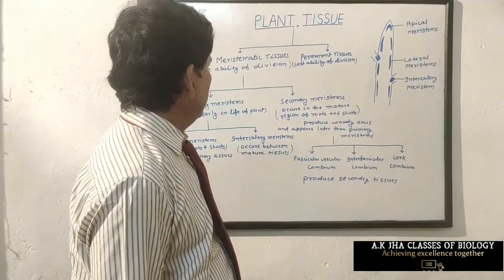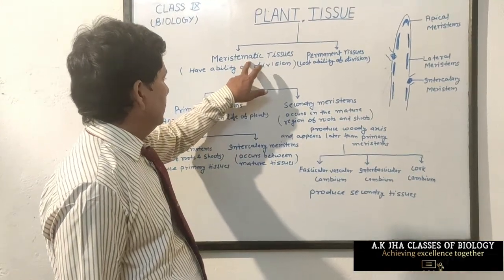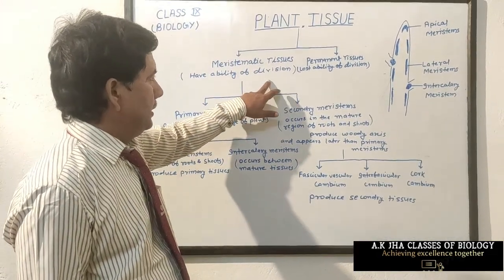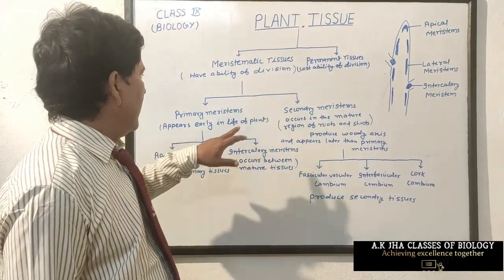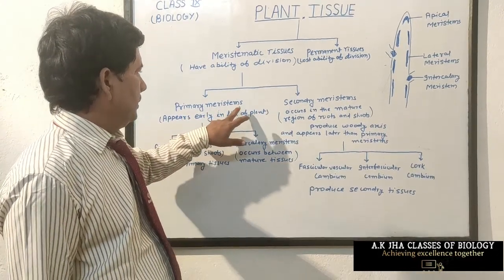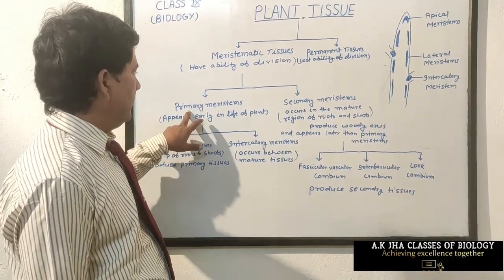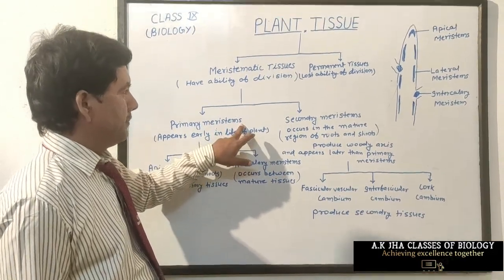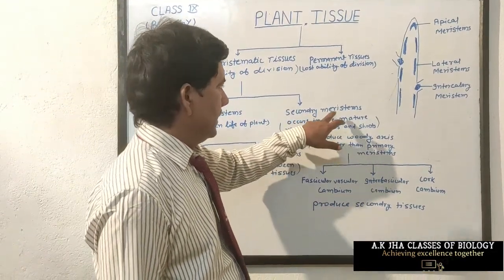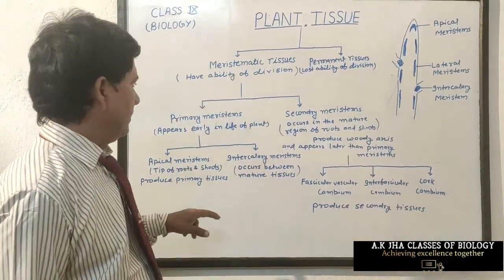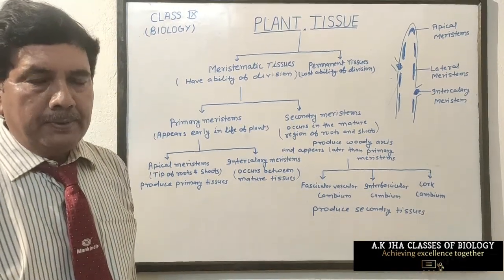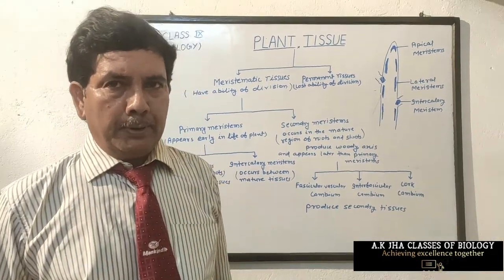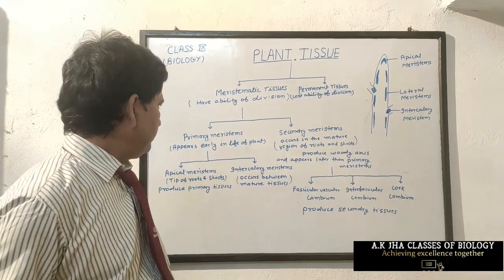Meristematic tissue is that type of tissue which has the ability of division. Now, meristematic tissue is of two types, primary meristems and secondary meristems. Primary meristems appear early in the life of the plant.